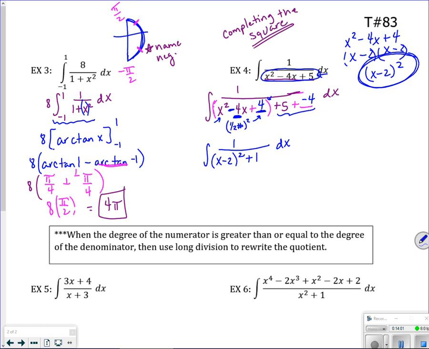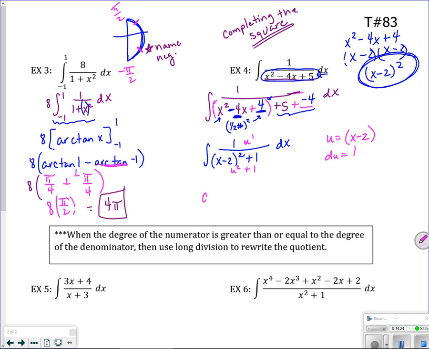Now I have them written in a different order, but y'all, look what you have. You have u prime. What's your u? U is x minus 2. What's the derivative of x minus 2? Well, 1. So do you see right here, I have u prime over 1 plus u squared.